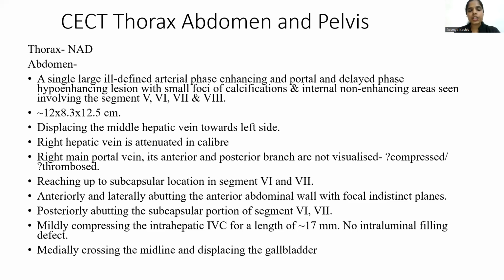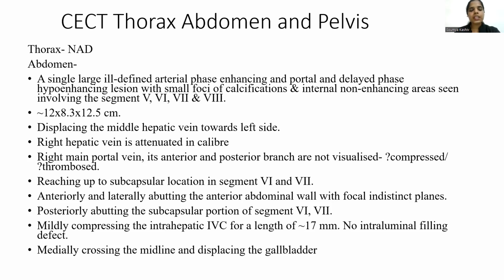The tumor mass was reaching up to the subcapsular location in segments 6 and 7, anteriorly and laterally abutting the anterior abdominal wall with focal indistinct planes. Posteriorly, it was abutting the subcapsular portion of segments 6 and 7. It was mildly compressing the intrahepatic IVC for a length of around 1.7 centimeters without any intraluminal filling defect.